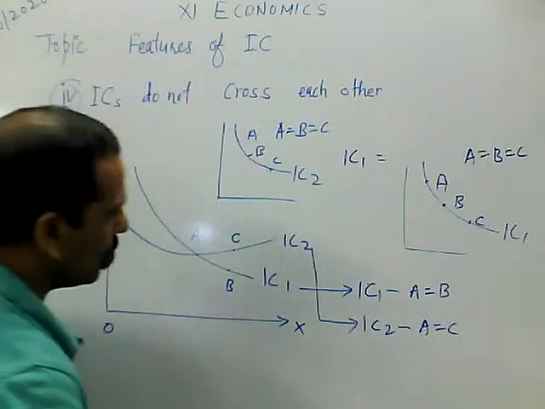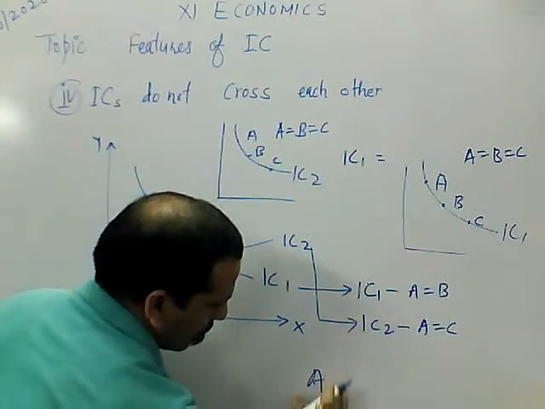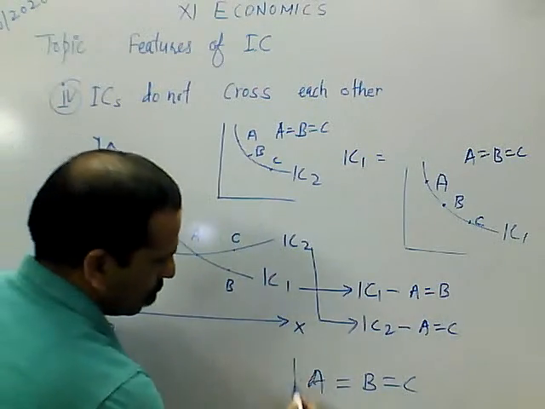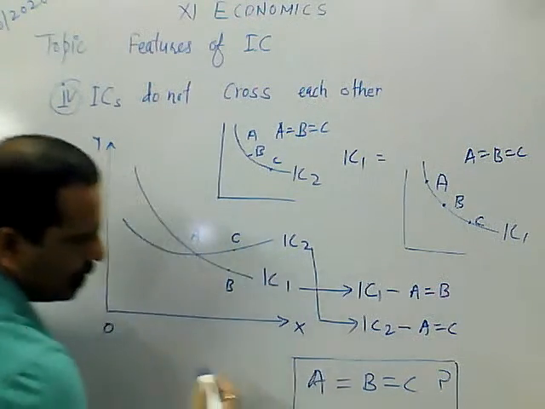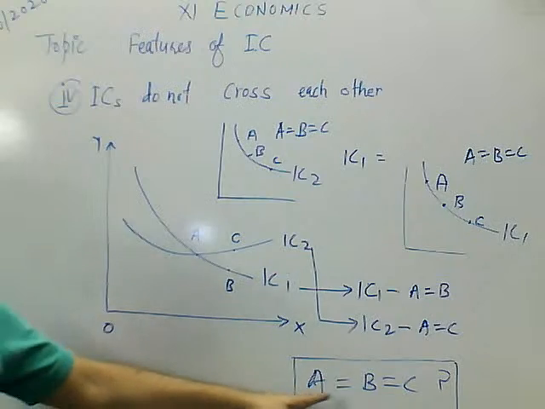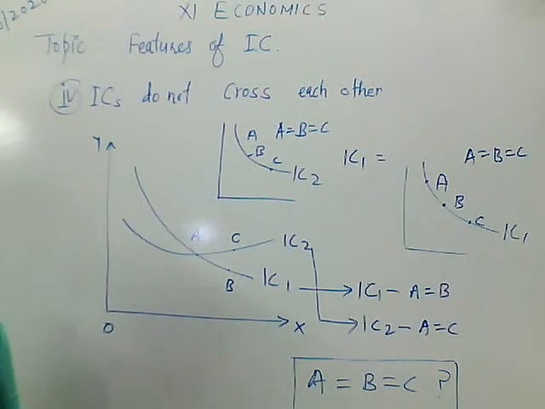But let me know, A is equal to B is equal to C, true or false? A is equal to B, B is equal to C, true or false?